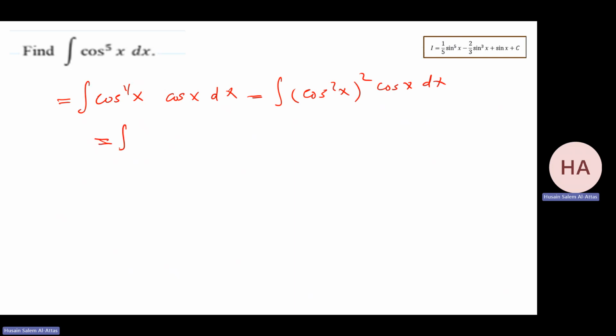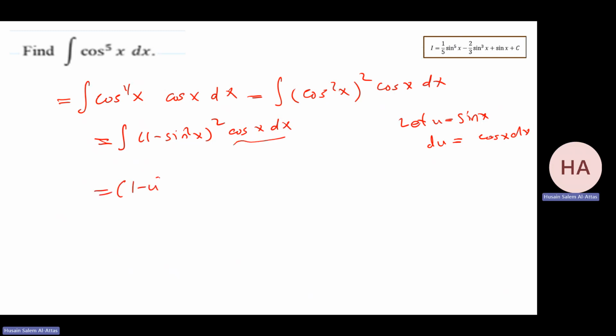Now I write cosine squared in terms of sine squared, cosine x dx. So I let u be sine x. du will be cosine x dx. So this is my du. So you have 1 minus u squared all squared du.